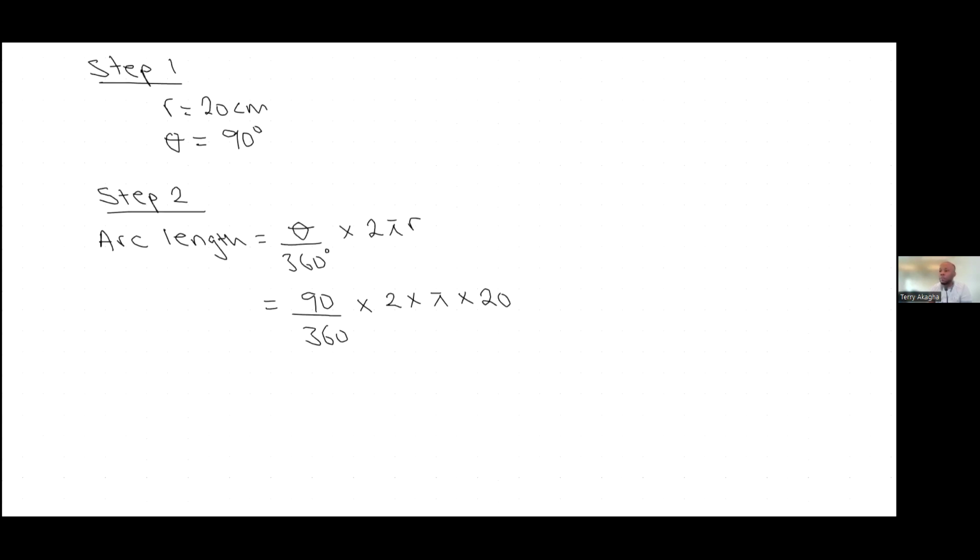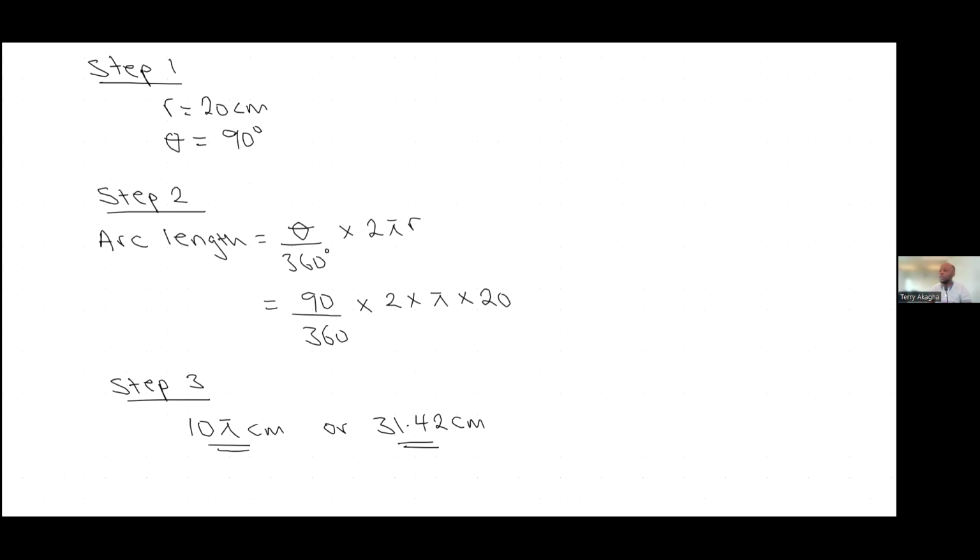And step three, we have to simplify. When you press this in your calculator, it's going to give us 10 pi centimeters or 31.42 centimeters.